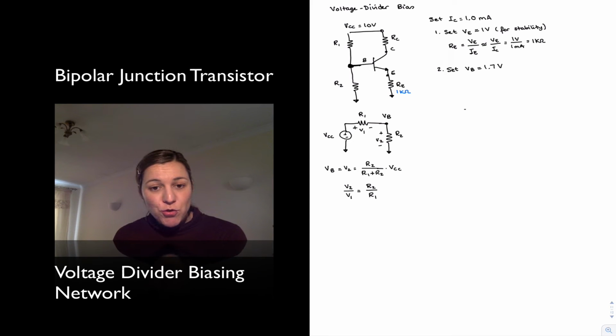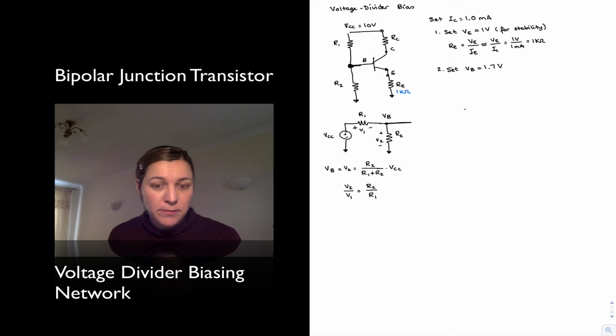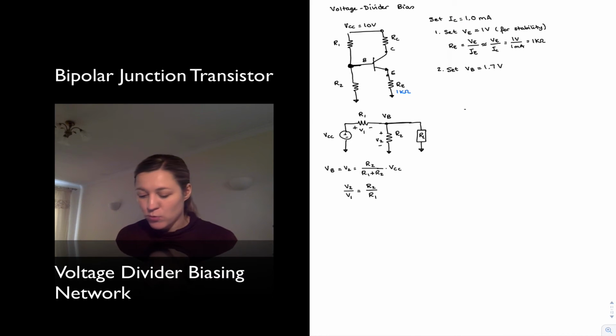Now this is true for the ideal voltage divider, and by ideal I just mean the output is connected to an open circuit. In most practical applications, we're going to have some kind of load connected to our voltage divider network.